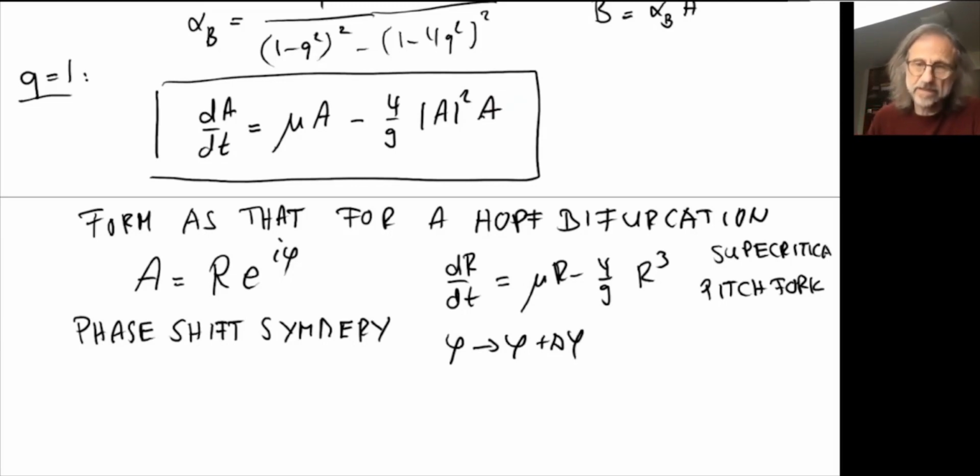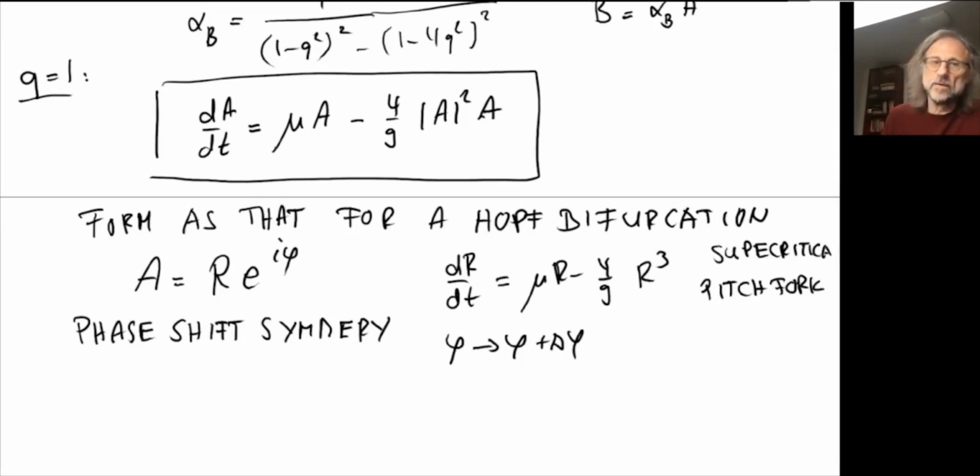So let's see where that comes from. So recall, in the Hopf bifurcation, we saw that the phase shift symmetry was related to a time translation symmetry. And so that suggests that maybe we should think of some kind of a continuous translation symmetry that may induce the same thing here.